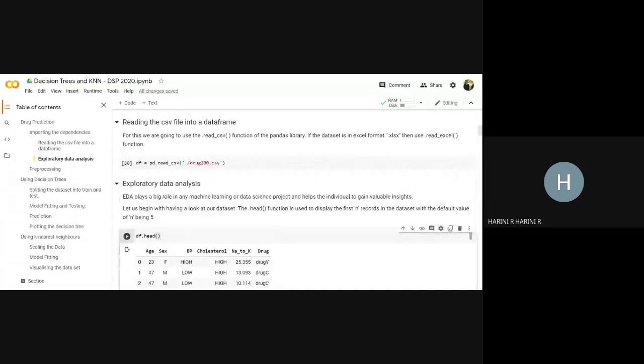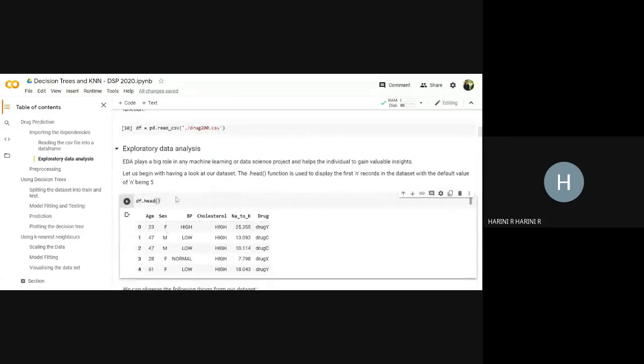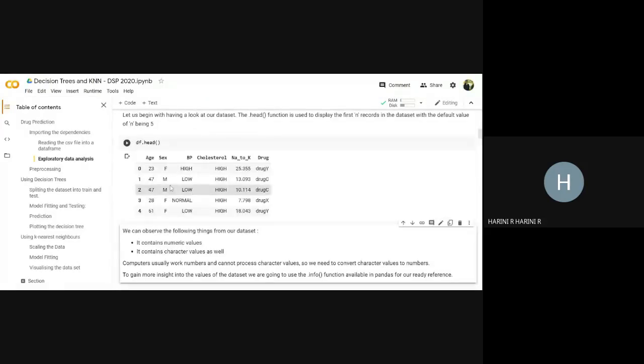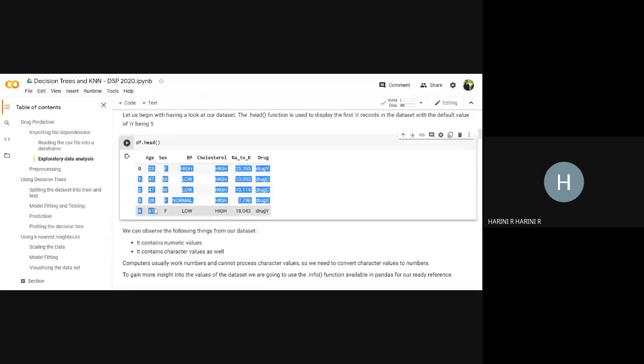So df.head, which is this function here, is a useful function to get a quick glance of the data set. By default, it prints the first 5 records. So here you can see these are the first 5 rows, and how this data set looks. The age, of course, is a number: 23, 47, etc. The sex column has 2 labels, female and male.